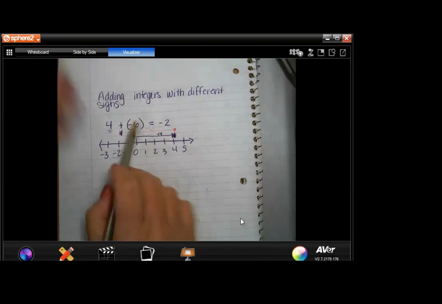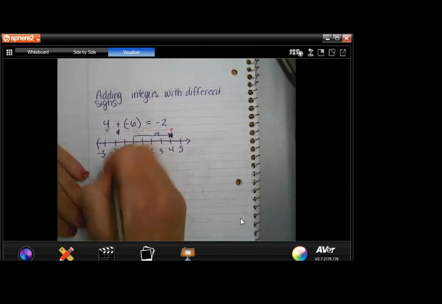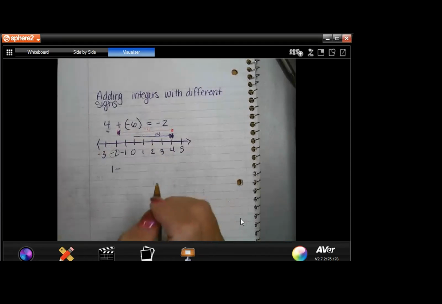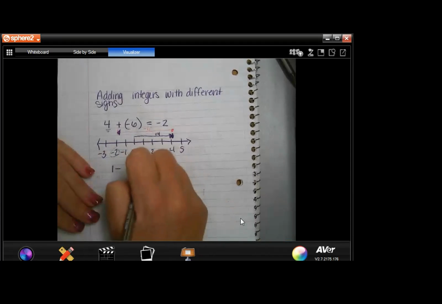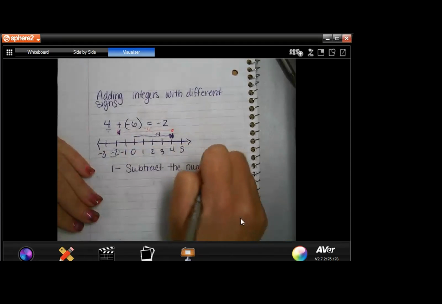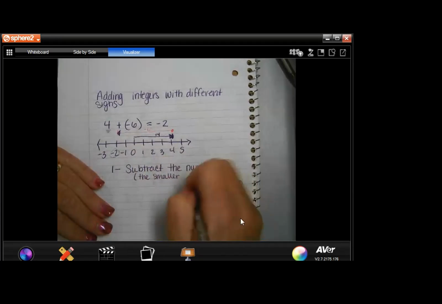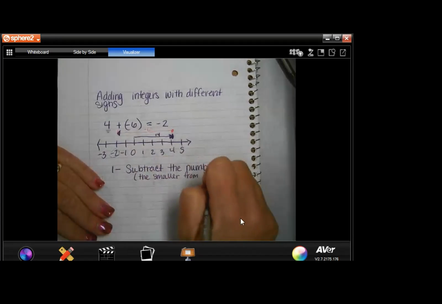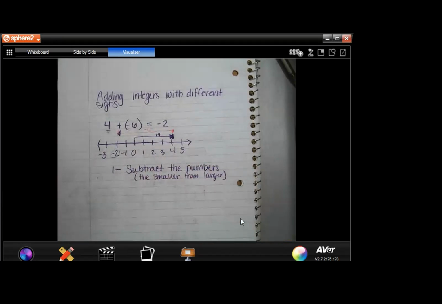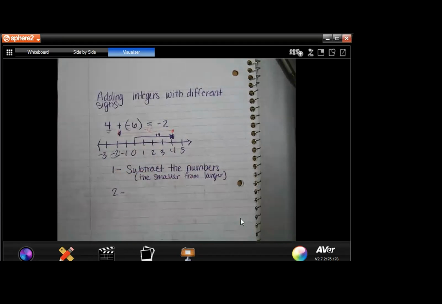So here's your rule. When adding integers with different signs, you don't really add them. Here's what you do. When adding two different sign numbers, you subtract the numbers, and you always subtract the smaller from the larger, no matter what order they come in. Then, this is going to be a little bit tricky, but bear with me.